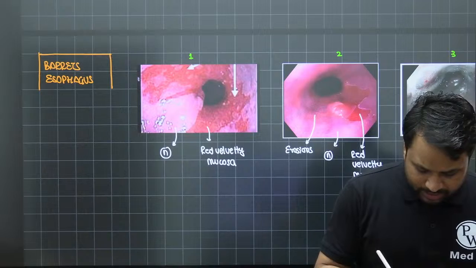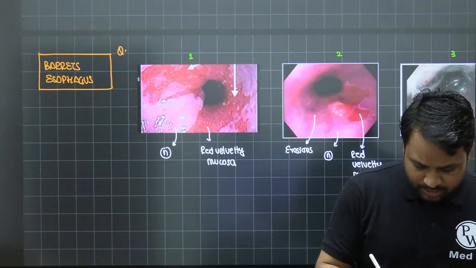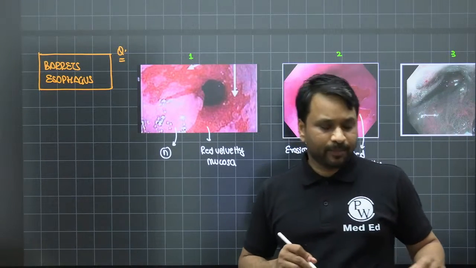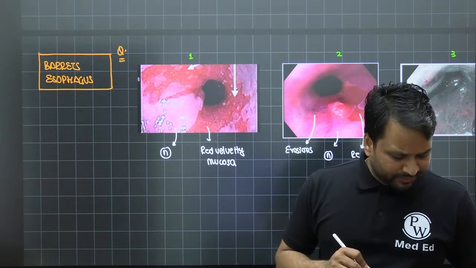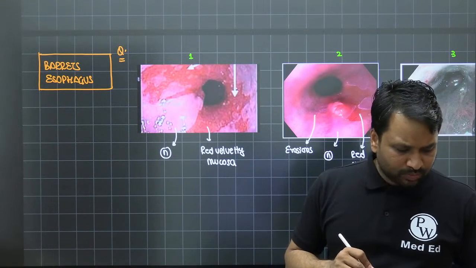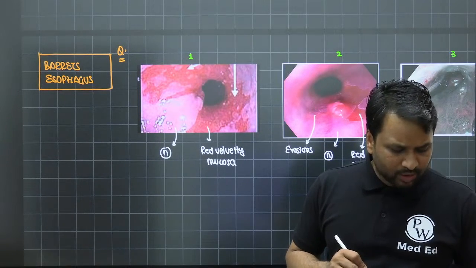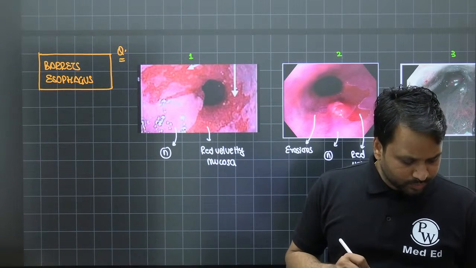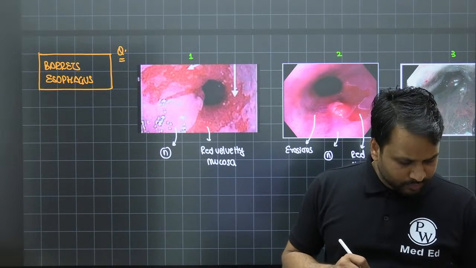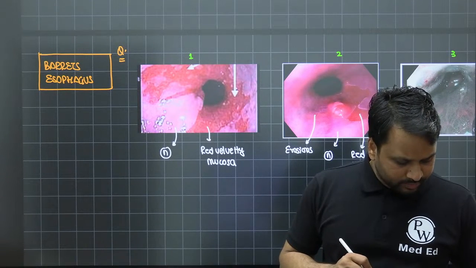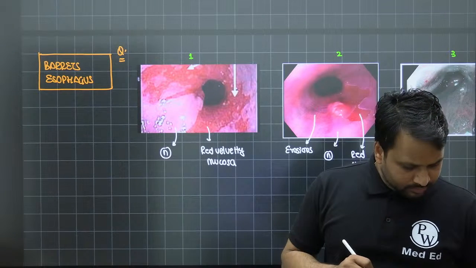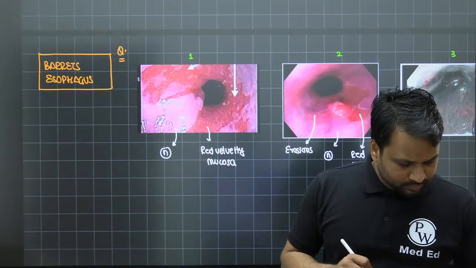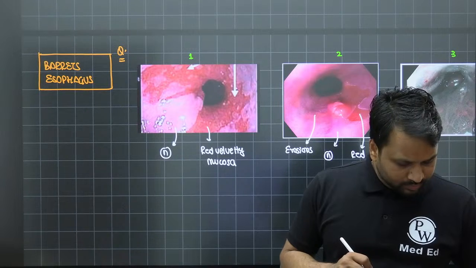So max to max, when they ask you these questions, this is how the component will be. Okay. If they want to make your life difficult, I don't think they should ask you in general about it, but then they can also ask you about feline esophagus. I'll show you the image for feline esophagus also. So when you do a contrast imaging for the feline esophagus, just give me a second. Okay, got it.